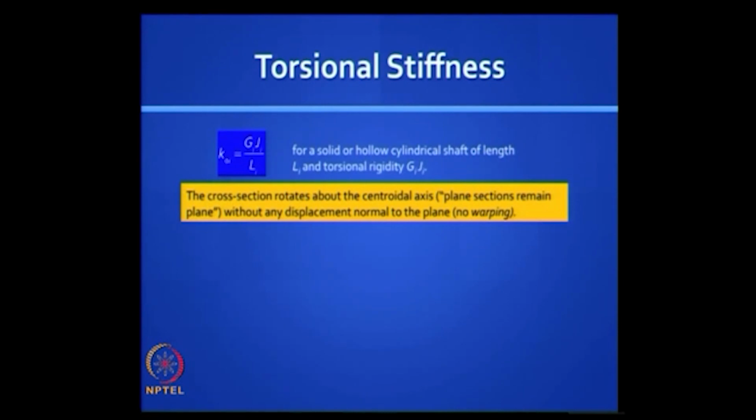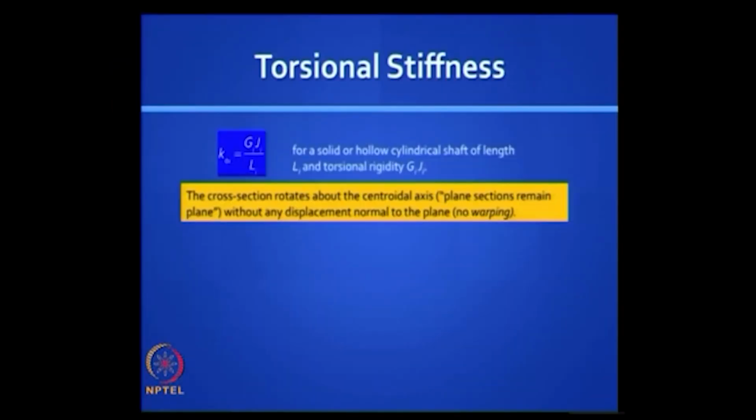So there is something called a torsional stiffness for a grid element, which is what you get in a shaft. If a shaft, let us say a circular shaft, solid circular shaft or cylindrical shaft, is fixed at one end and you apply a constant torque at the other end, then the angle of twist is given by L by GJ times the torque that you apply.